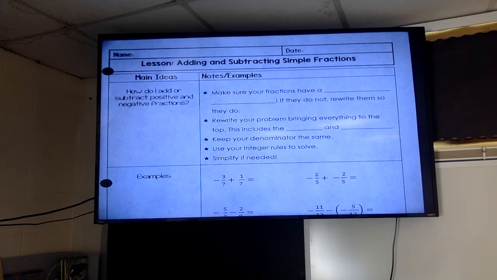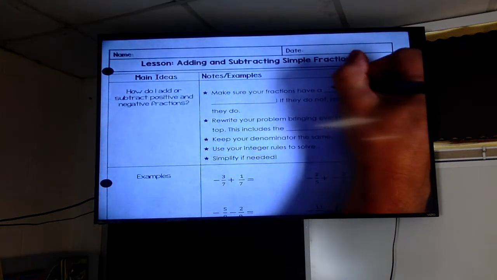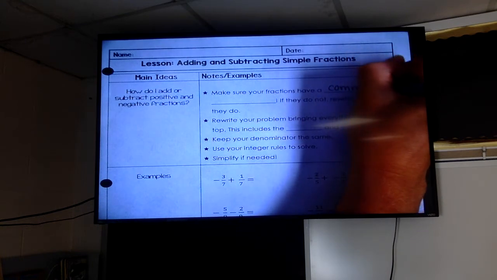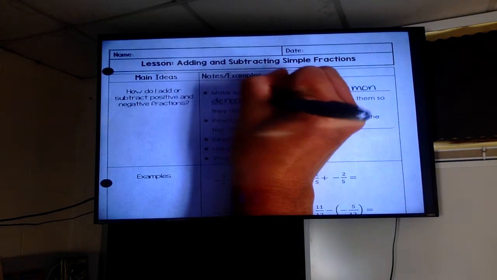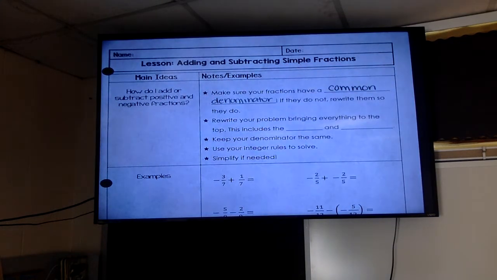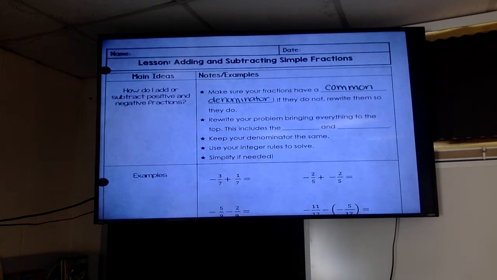So the first thing that we want to do is make sure your fractions have a common denominator, just like before. That does not change. If they don't, we're going to rewrite them so that they do have a common denominator.